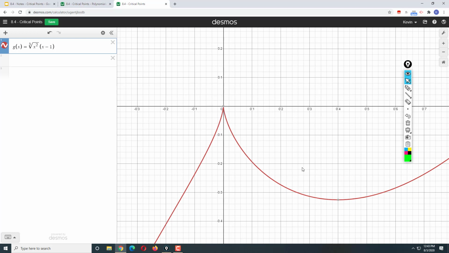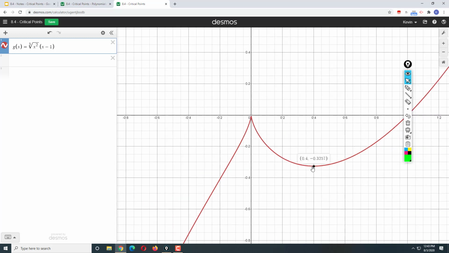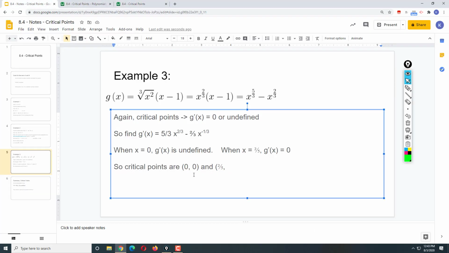That means that the derivative is undefined. Meanwhile, at x equals 2/5, y equals approximately negative 0.3257, the slope is horizontal, so those are the two critical points. So the other one is 2/5, negative about 0.3257. Those are the critical points.